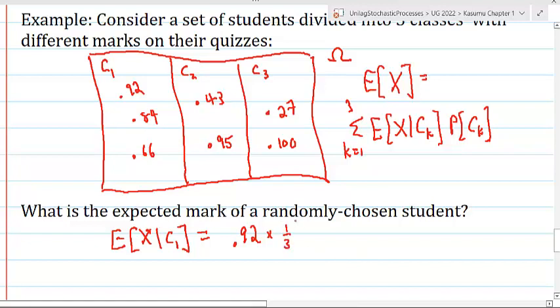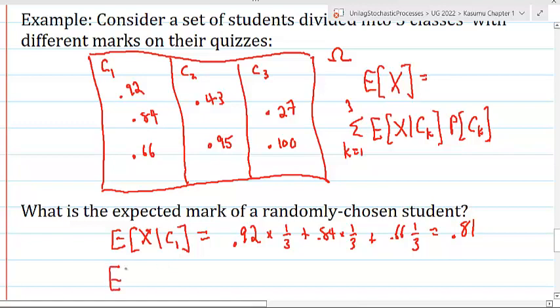Then we get 0.84 times 1 out of 3. And then we get 0.66 times 1 out of 3. And the result is close to 0.81. I'm rounding to 2 digits.